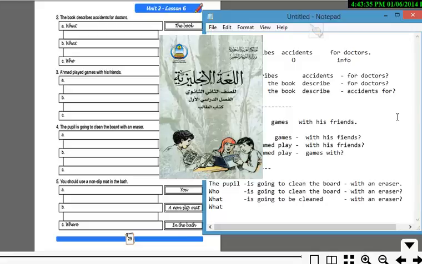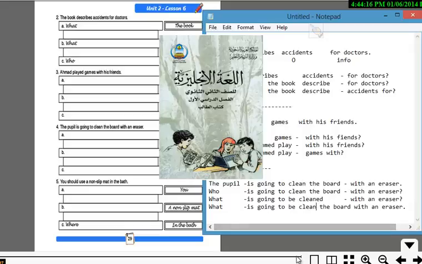So it's what? It's not who. Put it this way, no problem. We're going to separate the verb again. What is going to be cleaned? What is going to clean the board with?